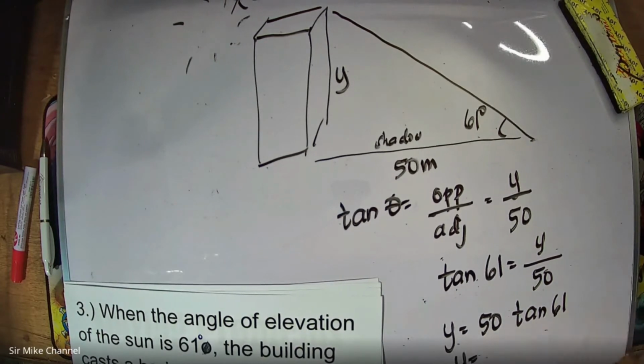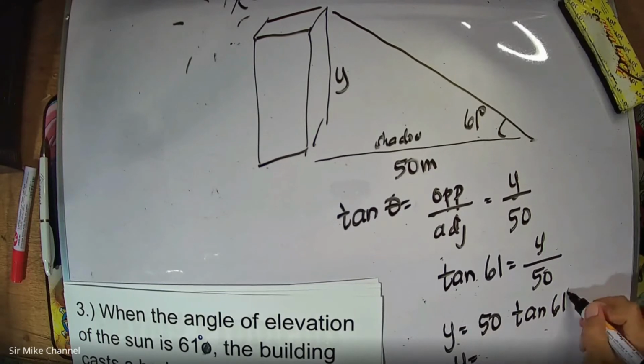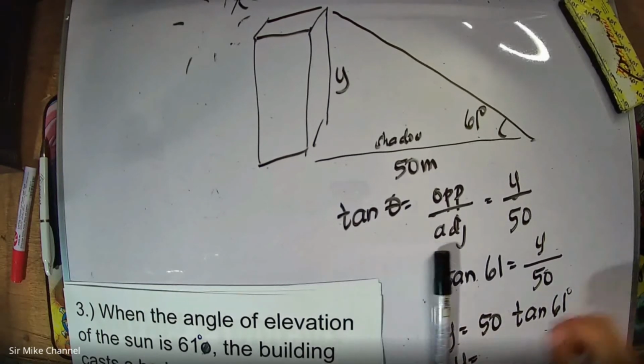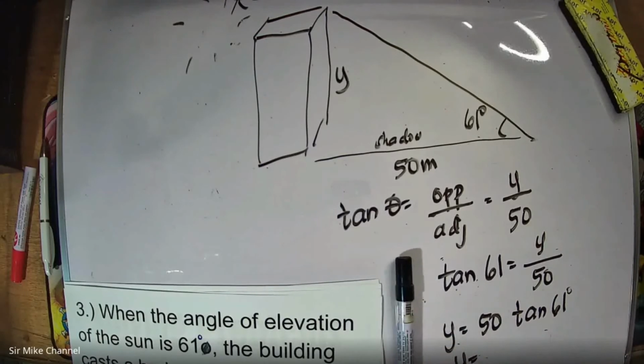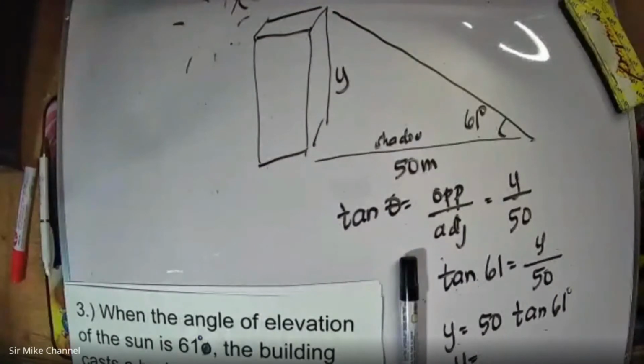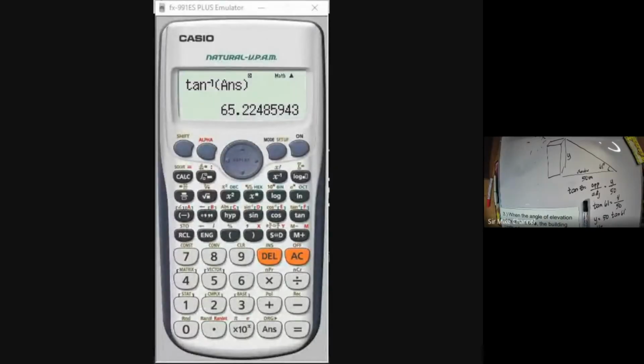Okay, so the value of y using calculator, 61 degrees. So 50 times tangent 61. So input natin yung 50 times natin sa 61 degrees.